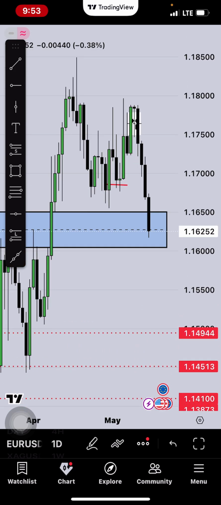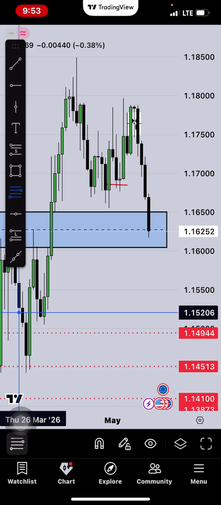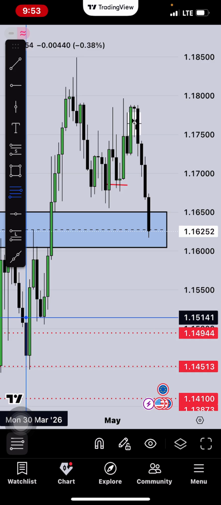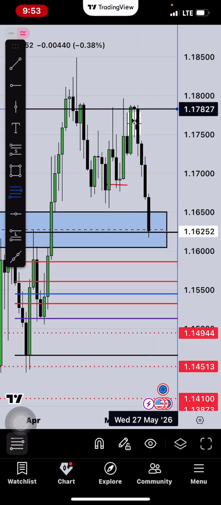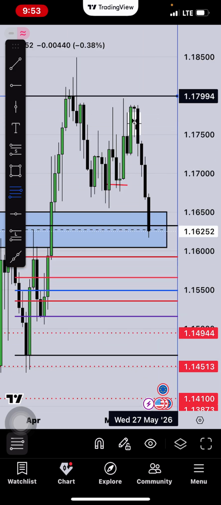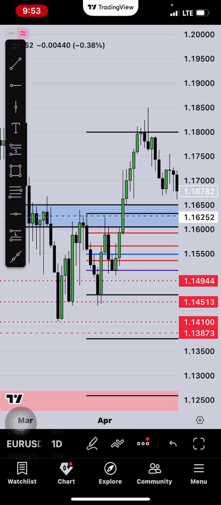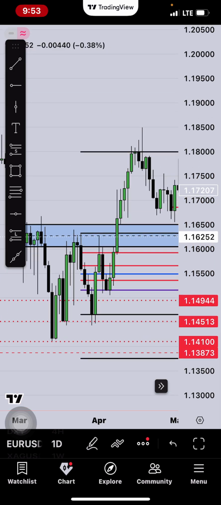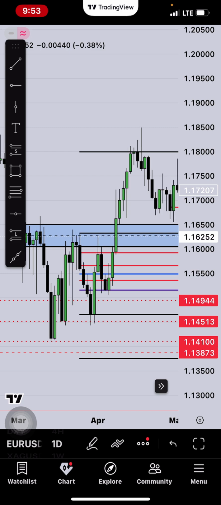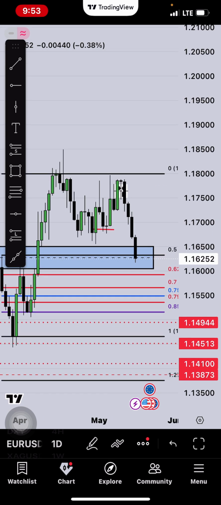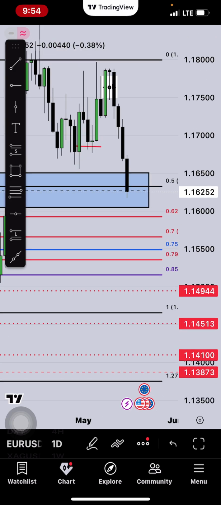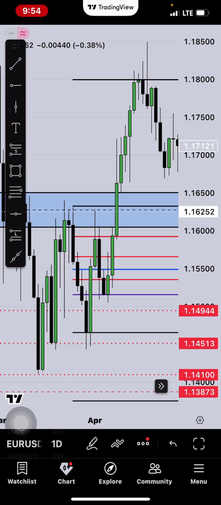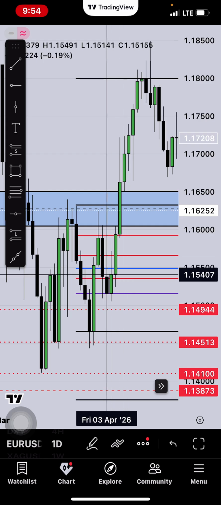And if we use a fib, I mean, from the impulsive move here, we can actually do from down here because this is very much where it started. We do use a fib from the low to the high. We just went just a little bit below 50%. From where we have this favorable gap that started the move upwards.